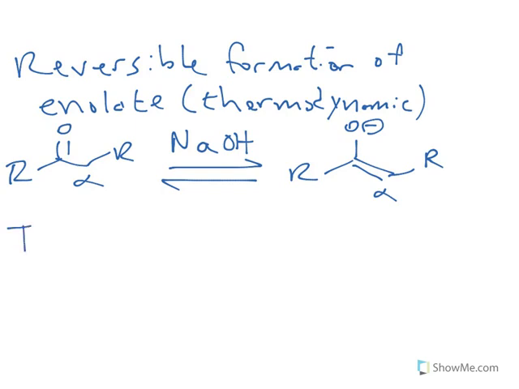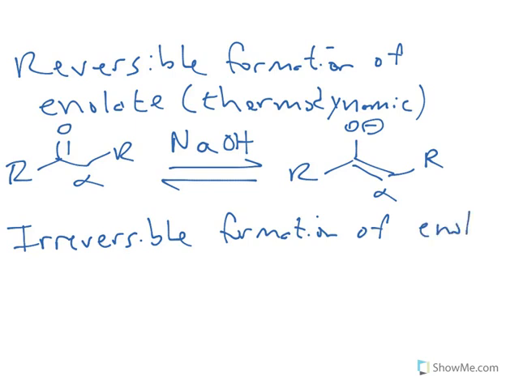Now, if you want an irreversible formation of enolate, this is better for kinetic conditions. You're going to want to use a very strong base like the group 1 hydrides or lithium amide. Let's take a look here.